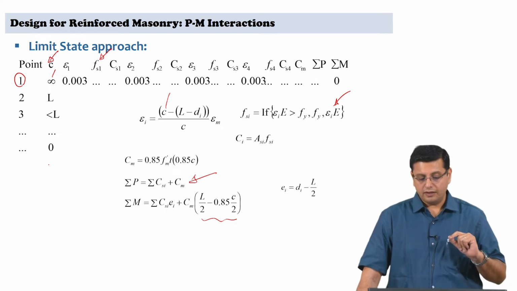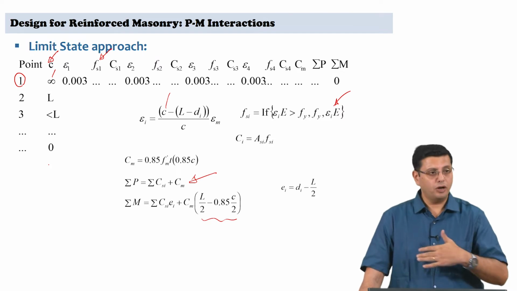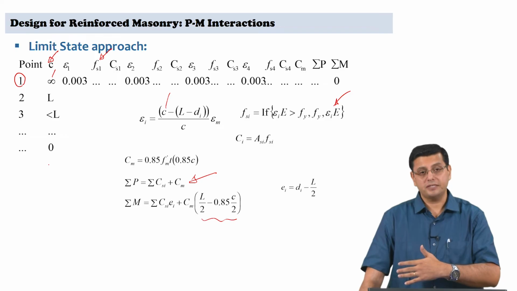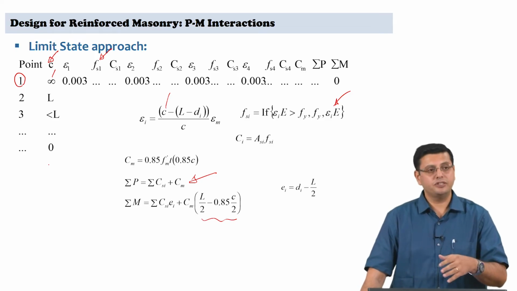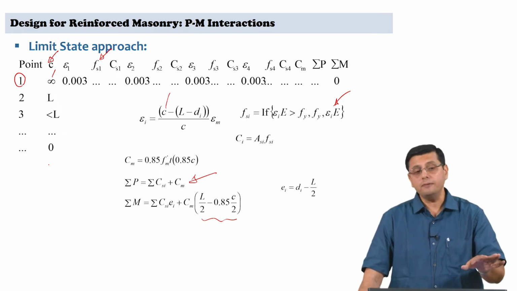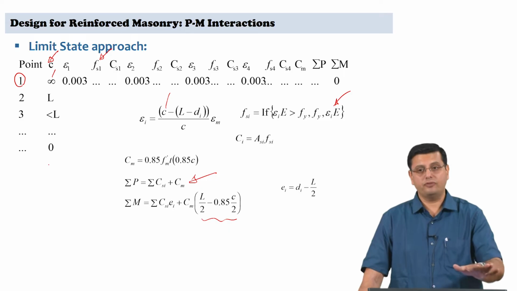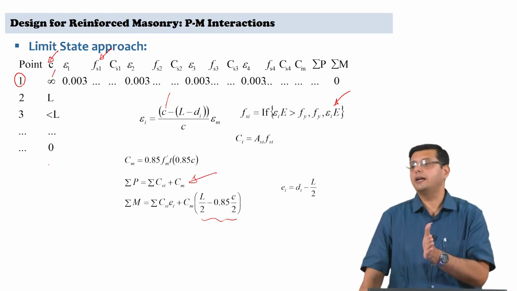Since, as I mentioned earlier, beyond the balance section, you really do not know a priori whether you are in the compression control state or the tension control state, you need an iterative procedure to understand in which part of the interaction curve the combination falls, and use appropriate expressions to estimate where the neutral axis depth is lying, because that is something you do not know at all.